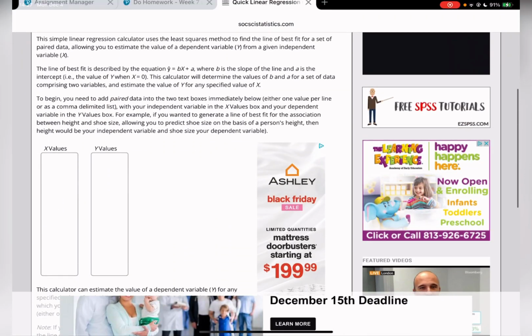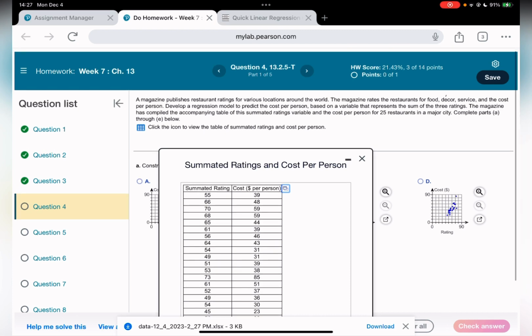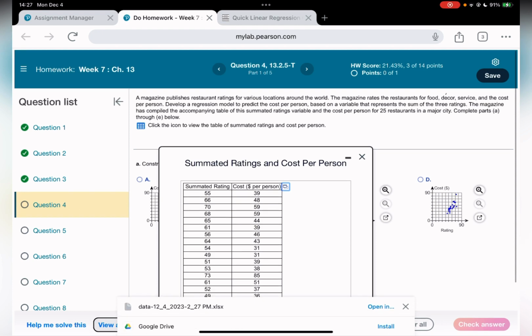Okay, X and Y. The easiest way is to copy to Excel. Let me see if I can copy to Excel and it will open for me. Okay, looks like it's downloading here. Opening it.